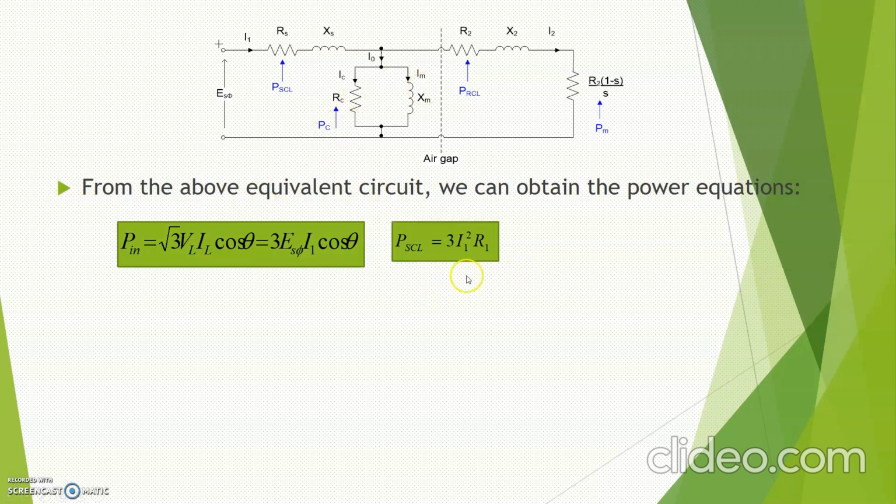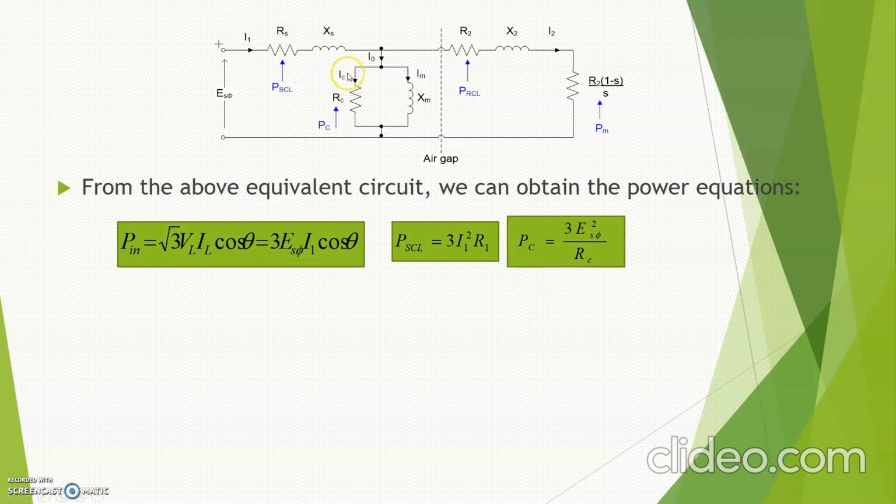Then the PSCL is the loss due to the heat dissipation at the RS or R1. So the formula you can use is P equals I squared R, and because it is 3 phase, you have 3 I1 squared multiplied with your R1 or RS, because the current that goes through the RS is I1.